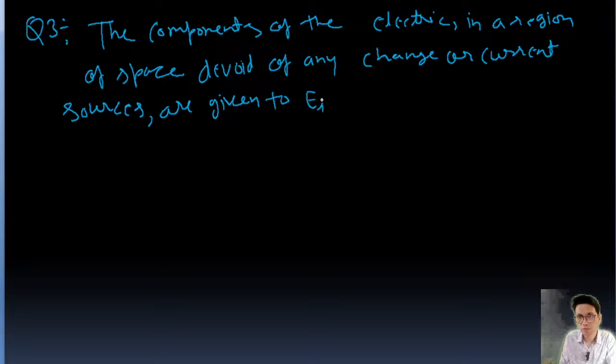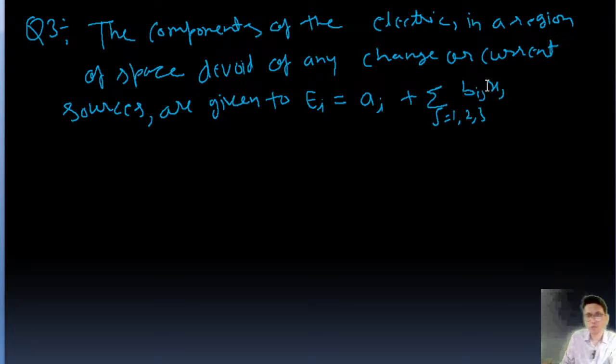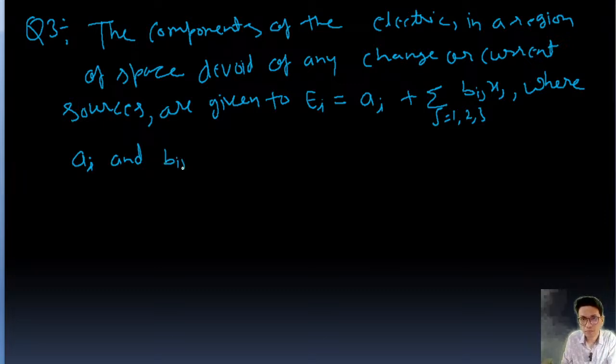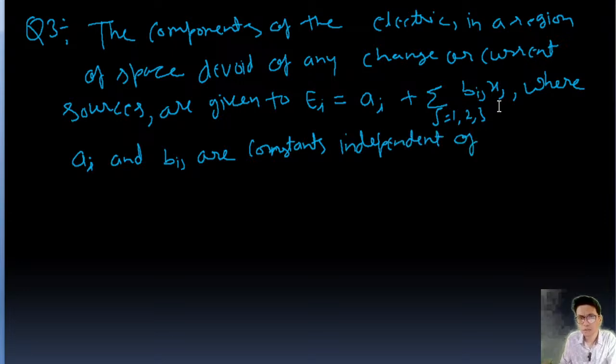Ei equal to Ai plus sigma j equal to 1 to 3 Bij xj, where Ai and Bij are constants independent of the coordinates.